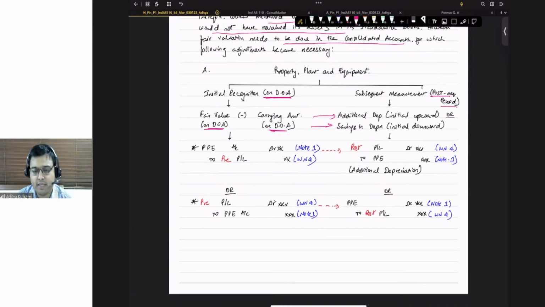Which notes is it impacting? It is impacting note number 1 in the adjustment column and the working note for analysis of P&L. So I have shown you where the impacts are going to go. Because of this increase in fair value, additional depreciation will come.